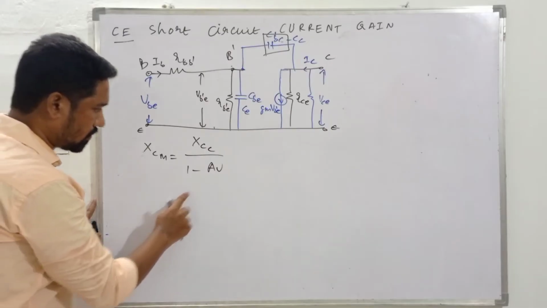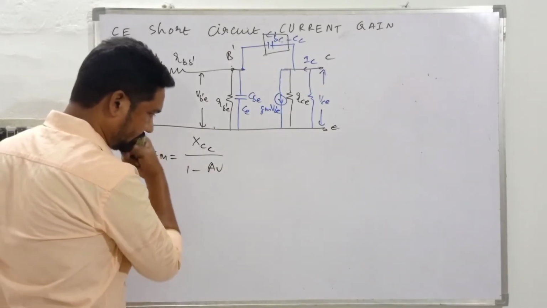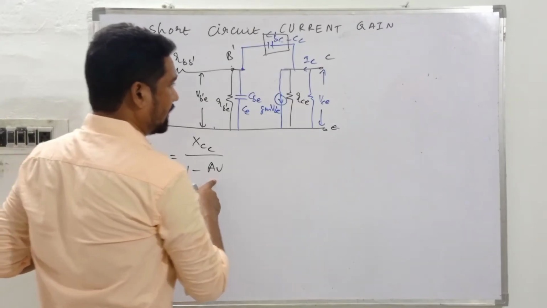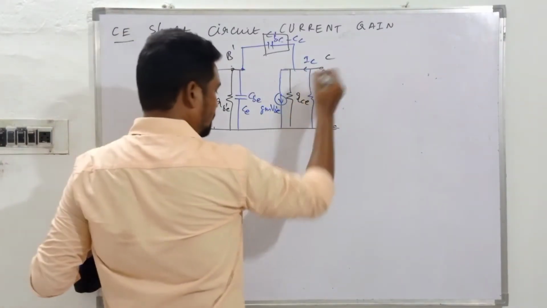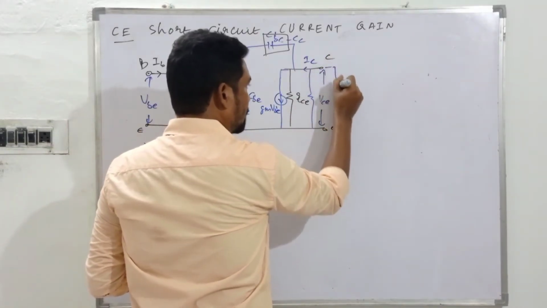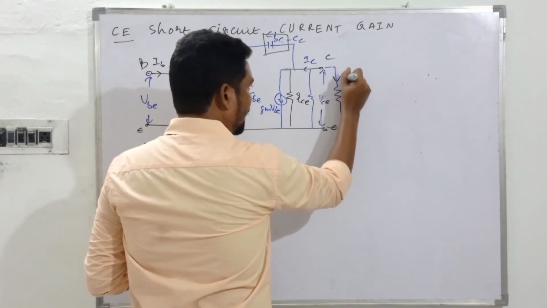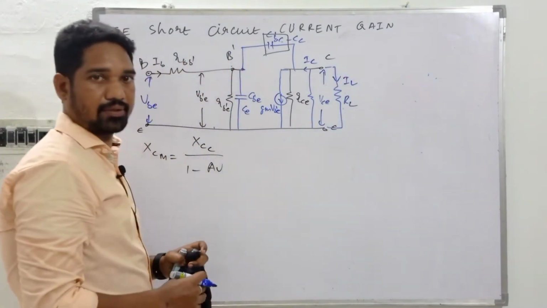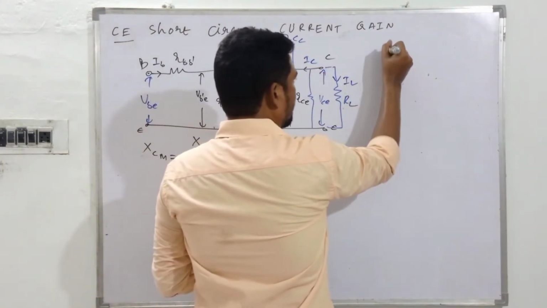Hold on. So what is AV? It's a voltage gain, isn't it? And guys, IC is flowing over this side, and the load resistance should be over here, RL, and IL flowing over this side. So what can be concluded from this arrangement?